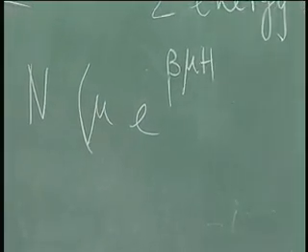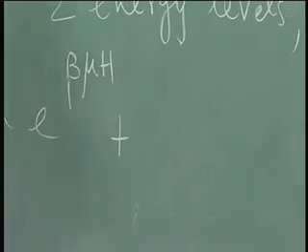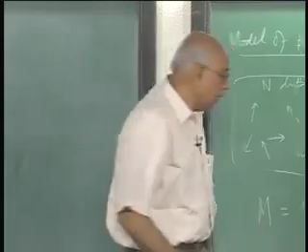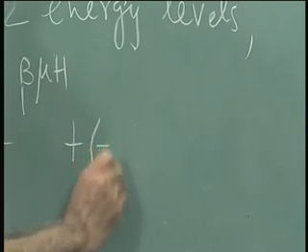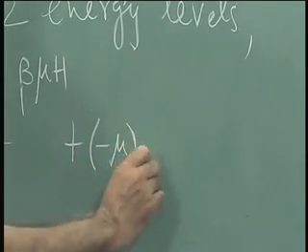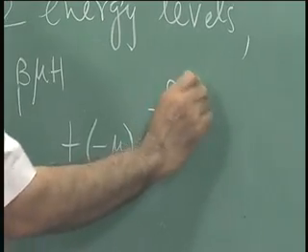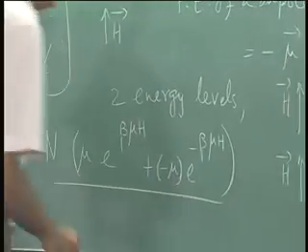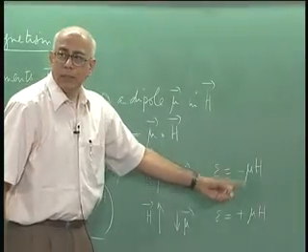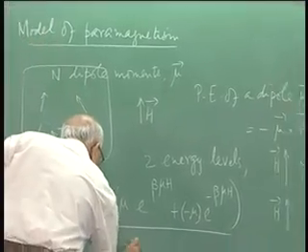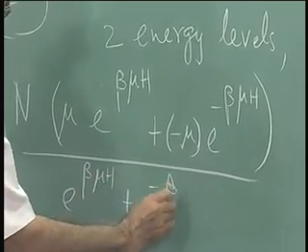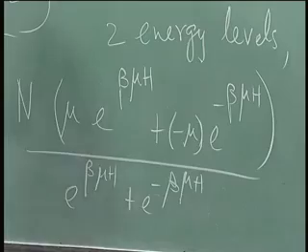Plus, if the magnetization is in the opposite direction it contributes an amount minus mu, and the probability of it is e to the minus beta mu H, divided by the total probability. Well, there are only two possibilities, and therefore it is just the sum of these two terms, so it is e to the beta mu H plus e to the minus beta mu H.